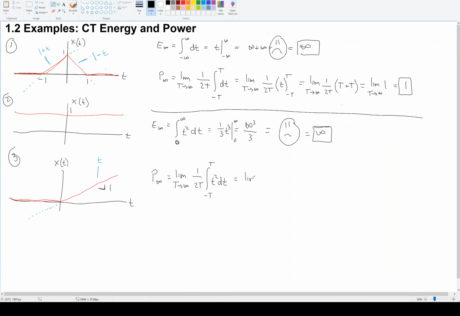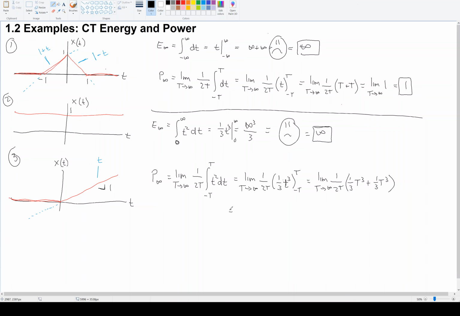Okay, so now I've got 1/2T, and this integral is 1/3 t cubed from minus T to plus T. And so this is the limit as T goes to infinity of 1/2T times, now I plug in capital T, this gives me 1/3 T cubed, minus, and then, so that makes a plus 1/3 capital T cubed, like that.